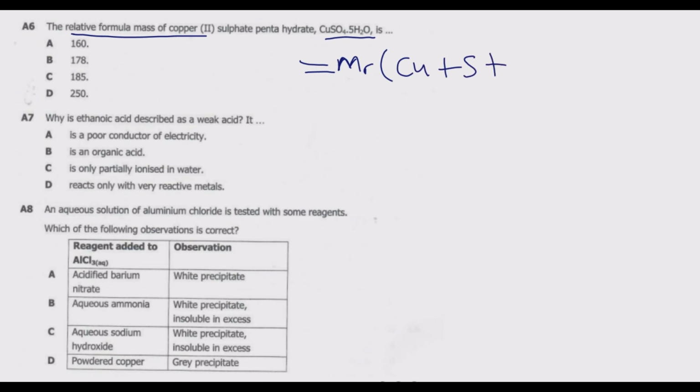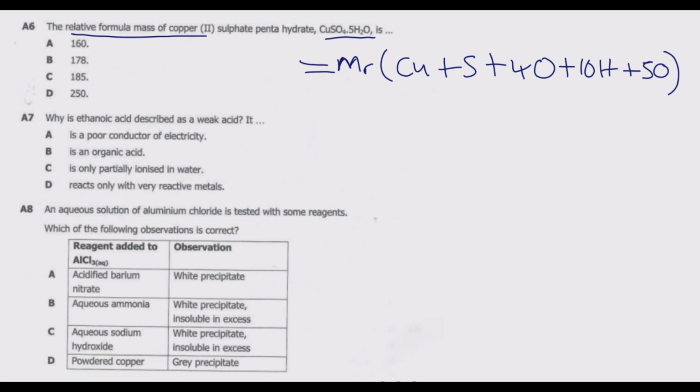There are 4 oxygen, which is basically 4 multiplied by oxygen, then plus how many hydrogens are there? It will be 2 times 5, which is basically 10 hydrogens, then plus we have 5 oxygen, like this.